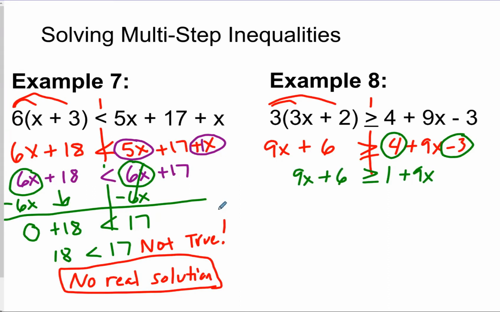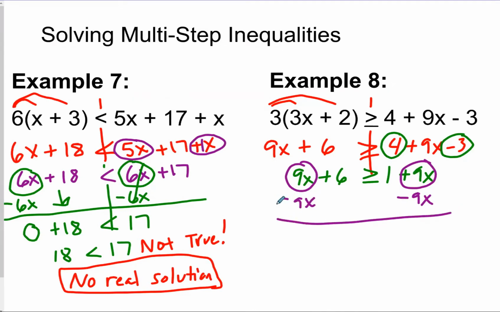Are there like terms on opposite sides of the inequality? Yes. We have a 9x on the left and a 9x on the right. So I'm going to subtract 9x on both sides of the inequality. Notice this is actually going to cancel on both sides, which leaves me with 6 is greater than or equal to 1.